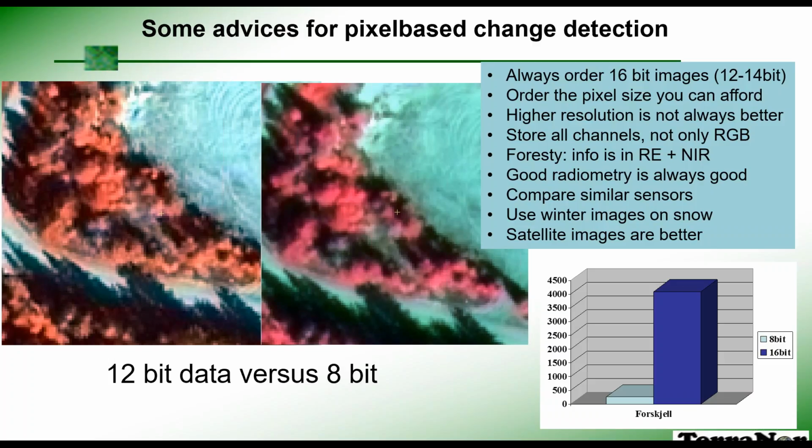But remember that the new satellites now come out with 30 centimeters resolution with high quality and good radiometry. You can still have all the trees leaning the same way almost, and if you're lucky you get them all straight from the top. So it's much easier then to classify and get a homogeneous result for larger areas.